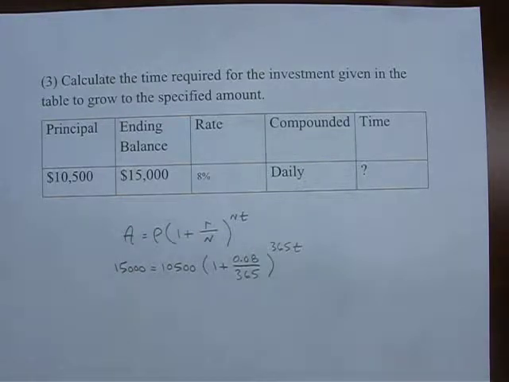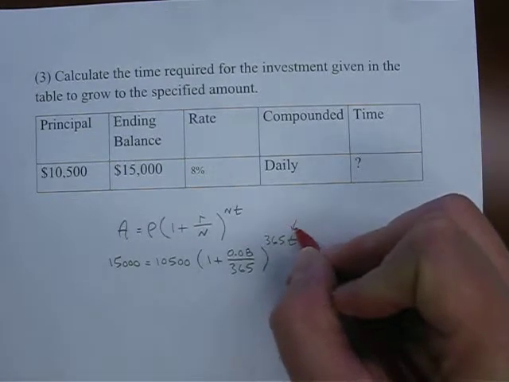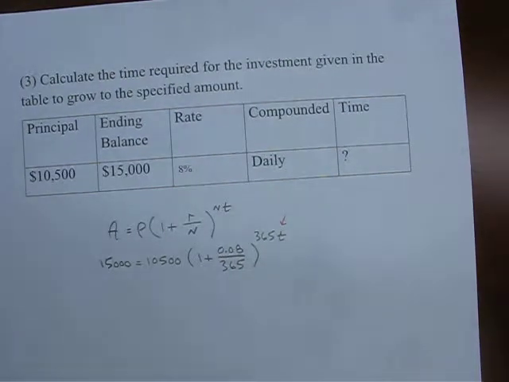I want you to agree that I put all the numbers in the right place, and that when you do a question, you can put all the numbers in the right place too, at least to get started. That's how you get started. So how would we solve this? I'm trying to solve for the exponent. How would I solve for the exponent?